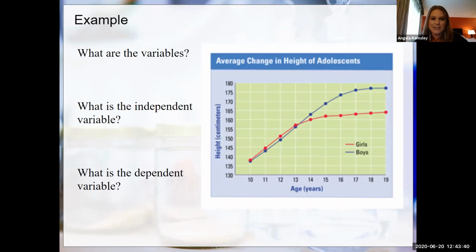So let's take a look. So here is an example of this graph where we are looking at the average change in heights of adolescents over time. So we have two variables. And I want to point out that for the level of science that we are going to be doing, you only want to be looking at two variables for your experiment.